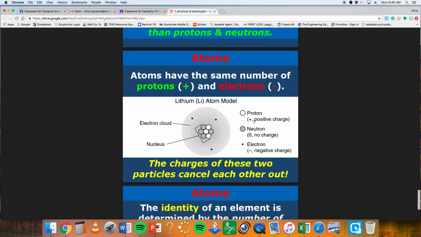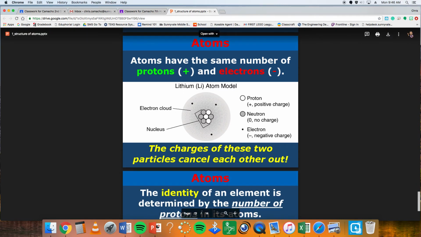If my atom has 3 protons, how many electrons does it have? Say it out loud. How many? That's correct, 3. So once again, atoms have the same number of protons and electrons. If my atom has 14 protons, it has 14 electrons. Nice job. The charges of these two particles cancel each other out.